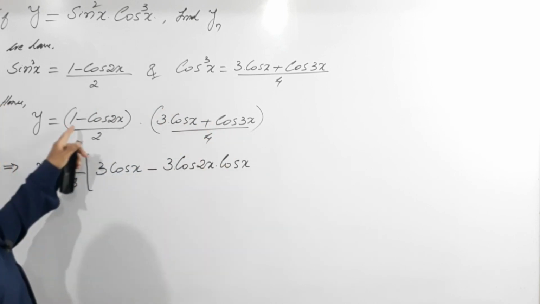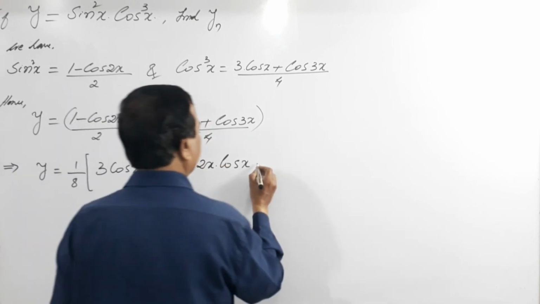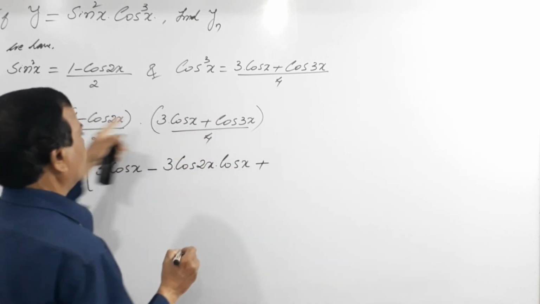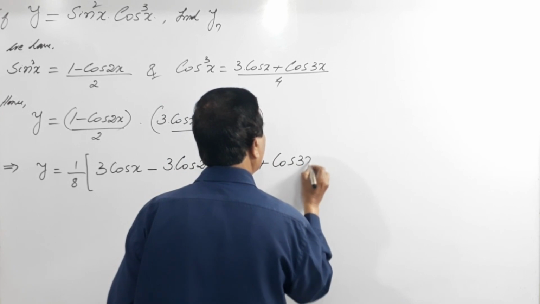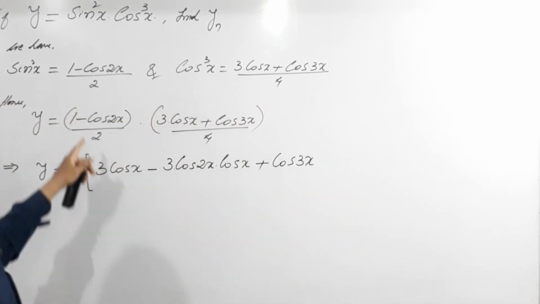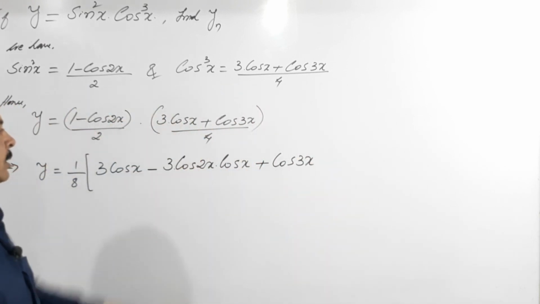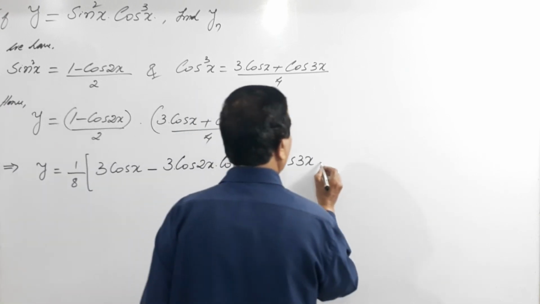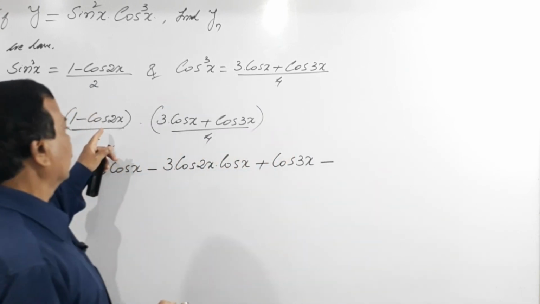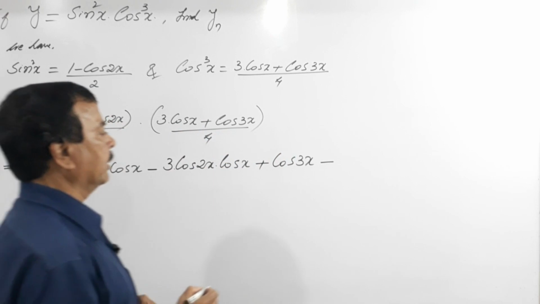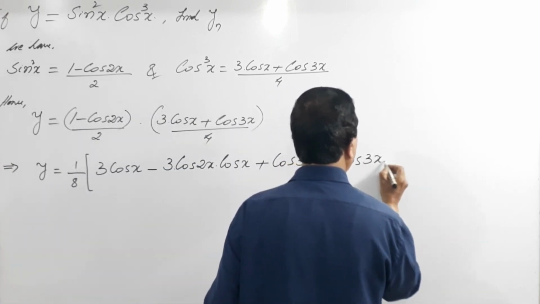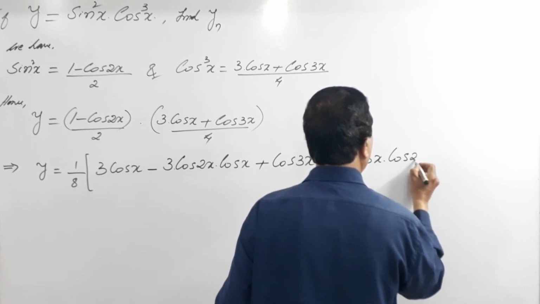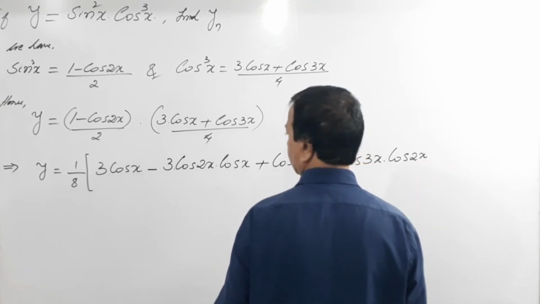So you'll have plus 1 into cos 3x. Now minus into plus is minus. This becomes cos 3x into cos 2x.